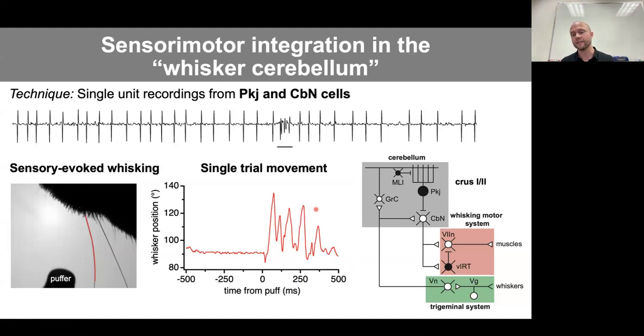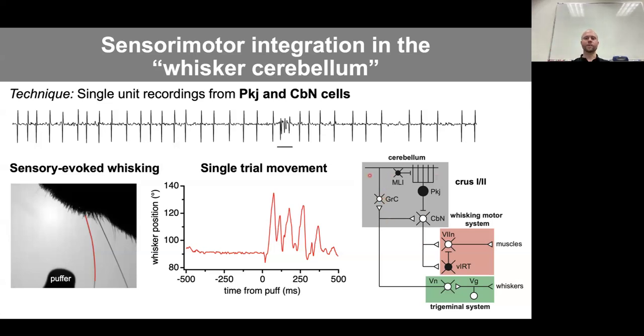literature that shows that the cerebellum is intimately linked with the sensory system of the whiskers and the whisking motor system. So what is known is that sensory input comes in through the whiskers, goes through the trigeminal system, and the trigeminal system sends mossy fibers into the cerebellar cortex, primarily in lobules Crus 1, Crus 2, but also in the paramedian.